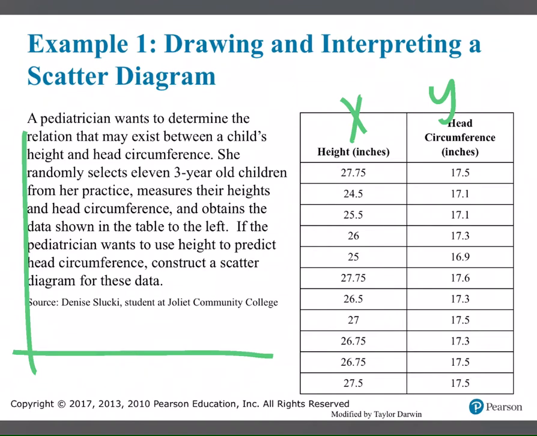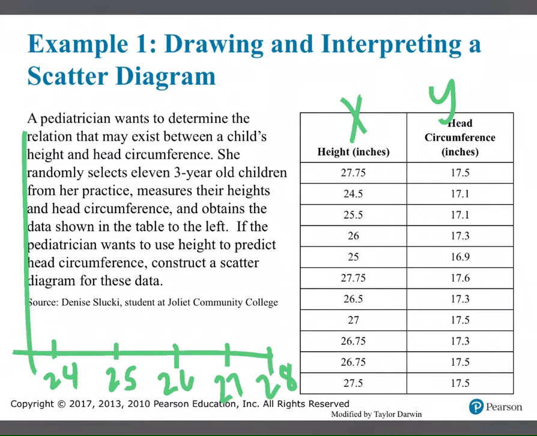But let's see, the smallest height is 24.5, so it goes from 24 to about 27.75. I just don't have a lot of room on here, but of course you could count by, say, 0.5s to make it a little better.